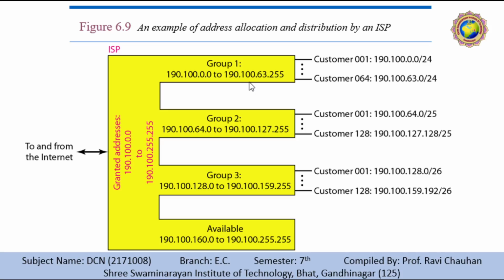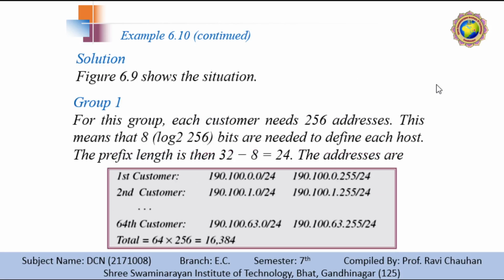The prefix length will be 32 minus 8, which is 24. So /24 will be written over there. The total is 64 times 256, which is 16,384.